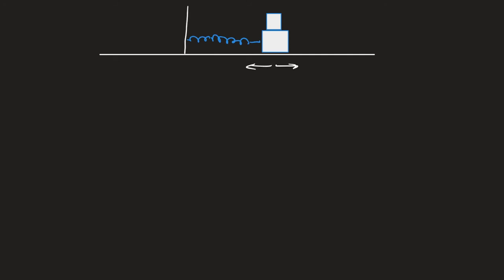They give us information about it. They tell us the period is 1.5 seconds, and the amplitude, okay, it says the upper block begins to slip when the amplitude is 0.4 meters.